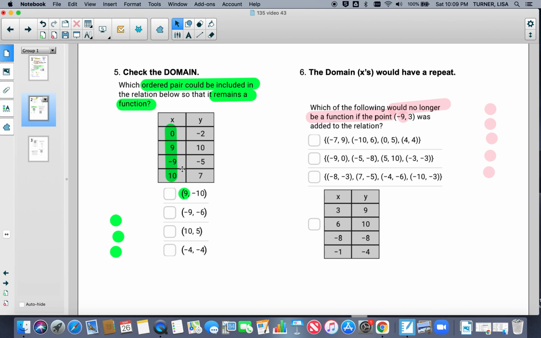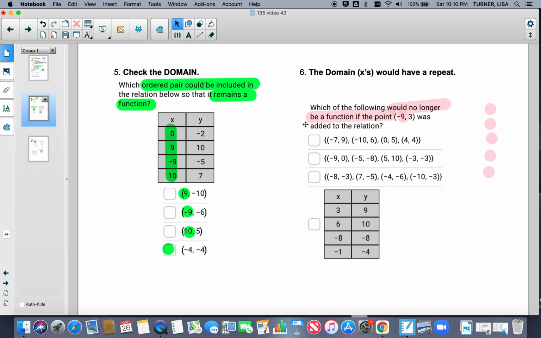Is there a repeat? Well, there's a repeat there. That wouldn't keep it a function. That would make it not a function. -9. Oh, that's up there. That wouldn't work. 10. 10 would make it not a function. I can't add those points to this list or it would fail. And so -4 is not in the domain and it would still be a function if I added that.